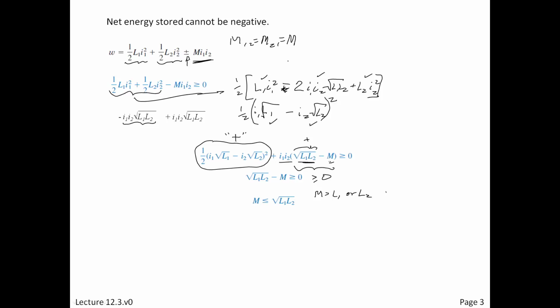Okay, and the answer is no. If I just took the greater one and squared it and then took the square root of it, I would have equal to that, right? So M is never going to be greater than L1 or L2.